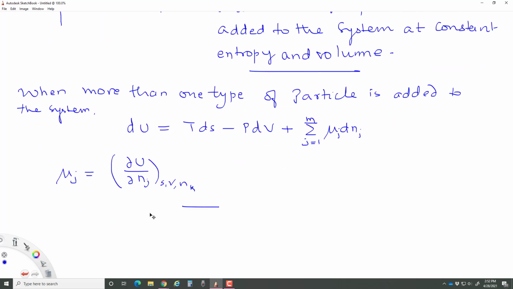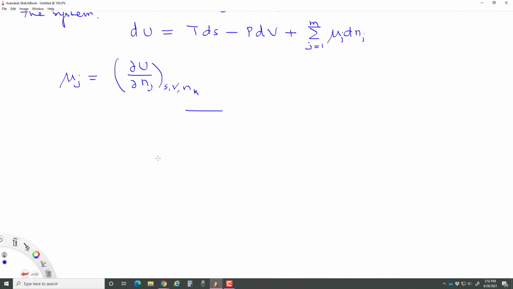Okay, so now let's talk about a theorem from math called Euler's theorem.